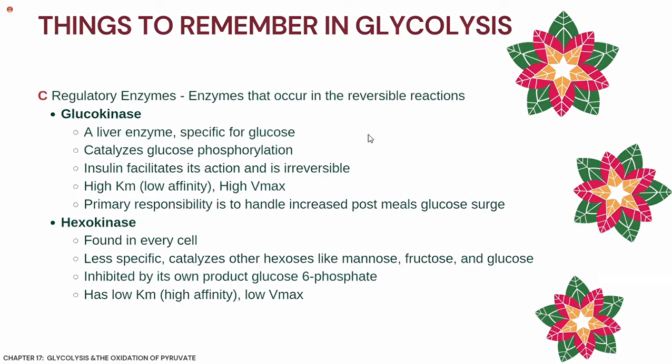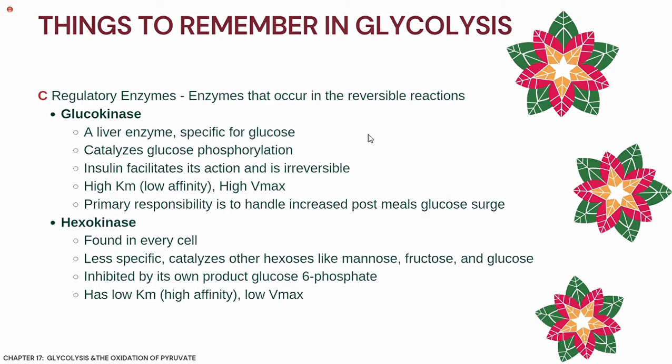So the first irreversible reaction is catalyzed by either glucokinase or hexokinase. Let's talk about glucokinase first. It's a liver enzyme. You cannot find it in any other tissue except the liver.